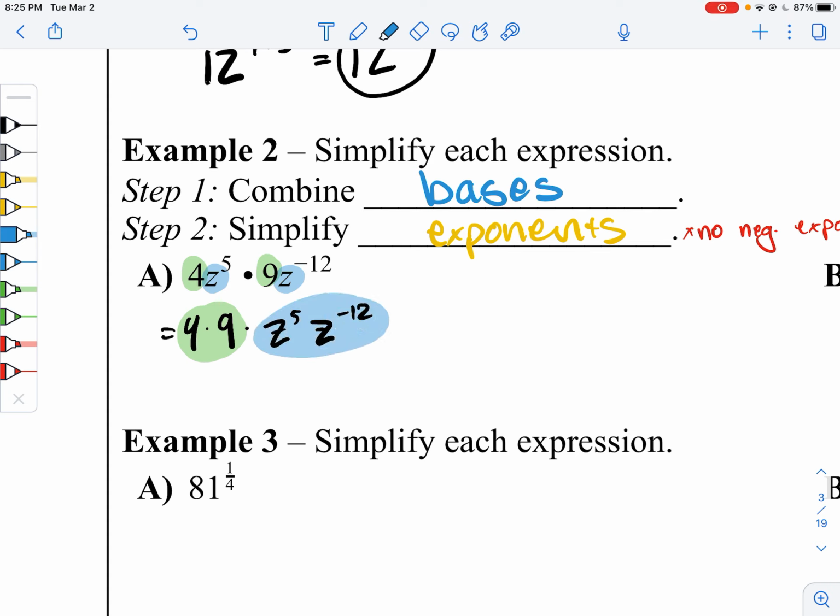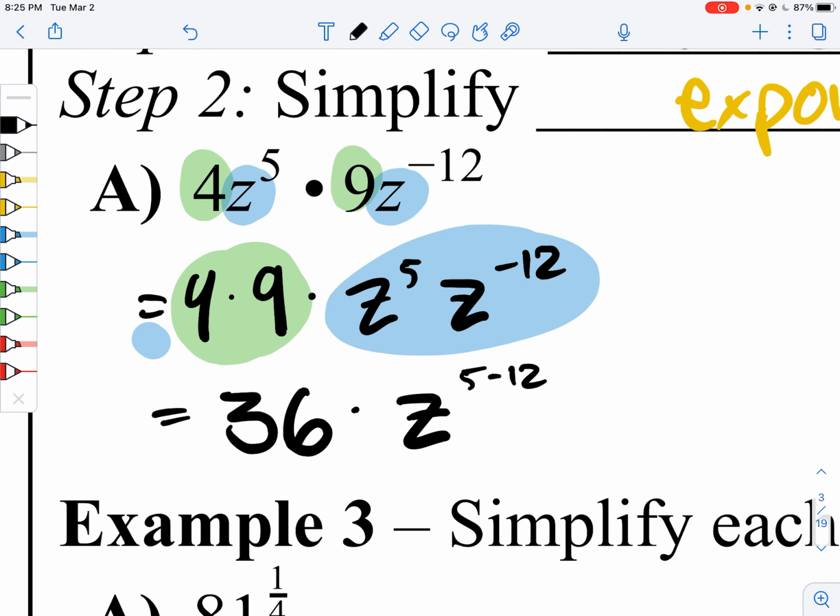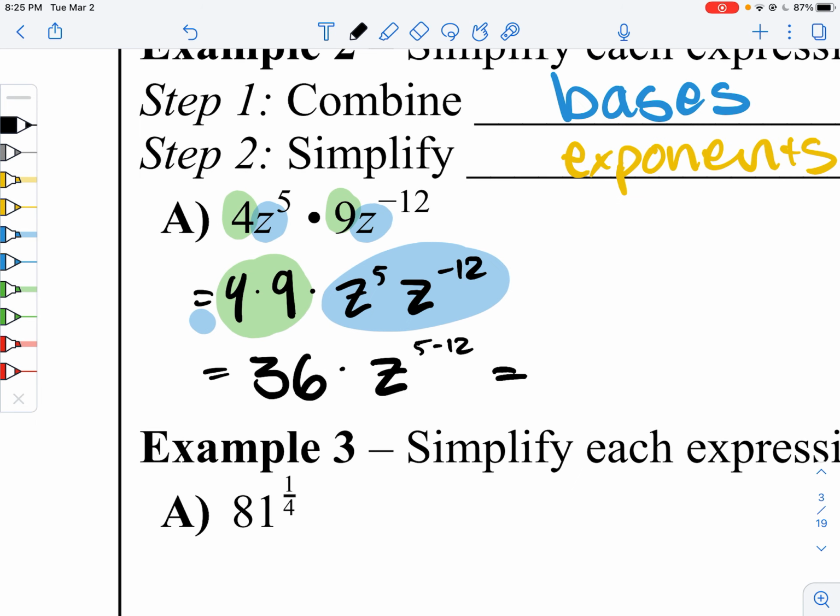But remember, you simplify those exponents by adding them together. 4 times 9 is 36, so that gives us a 36 out in front, times z to the power of 5 plus negative 12, which is 5 minus 12. 36 stays the same. z to the 5 minus 12th power is the negative 7th power.